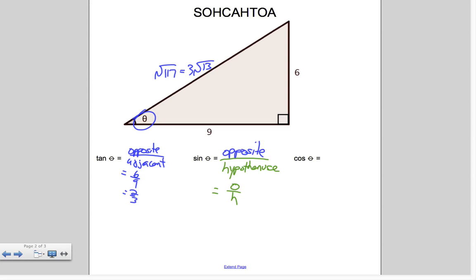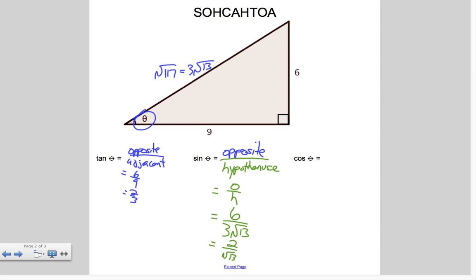So here in this example, sine of theta is what? 6 over, so the opposite side, 3 root 13. Oh yeah, 3 over root 13, which is the same as 2 over root 13. So what was tan of 2/3 again?